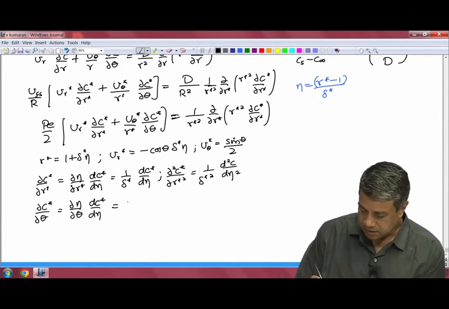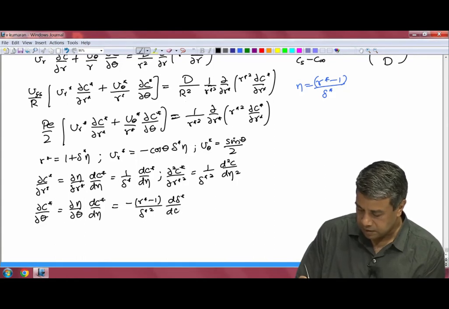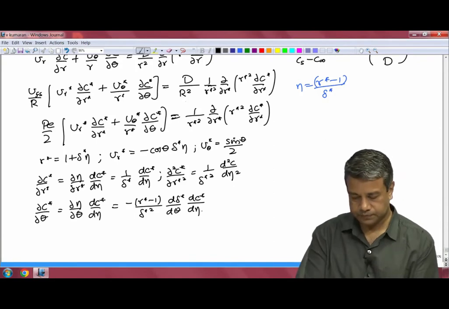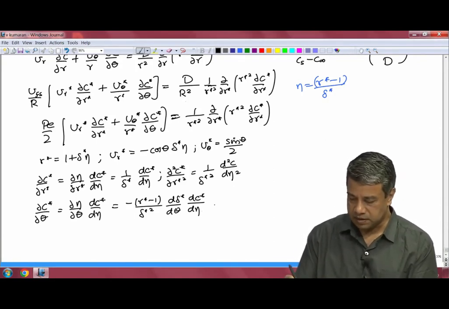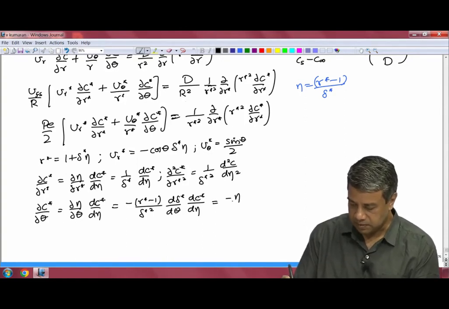So, this will turn out to be equal to minus of r star minus 1 by delta star square d delta by d theta dc by d eta. And r minus 1 by delta is equal to eta. So, I just get minus eta by delta.